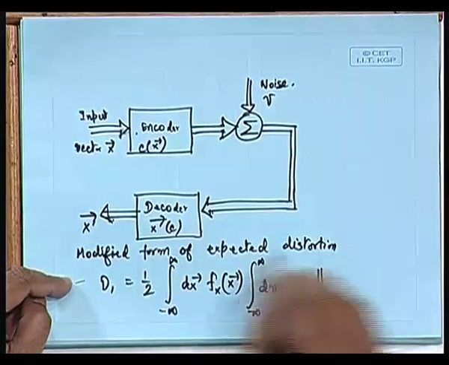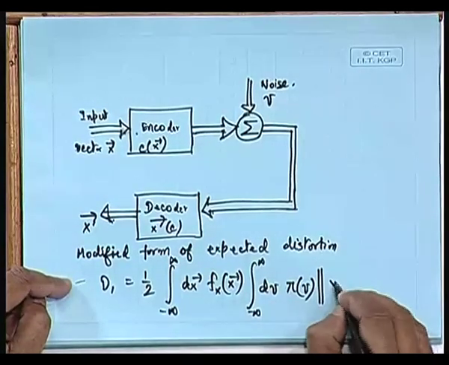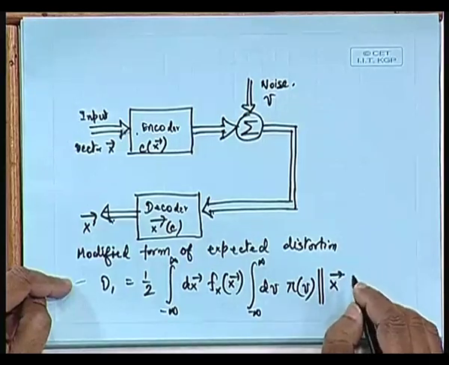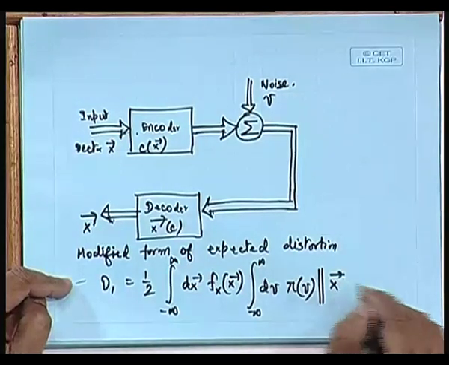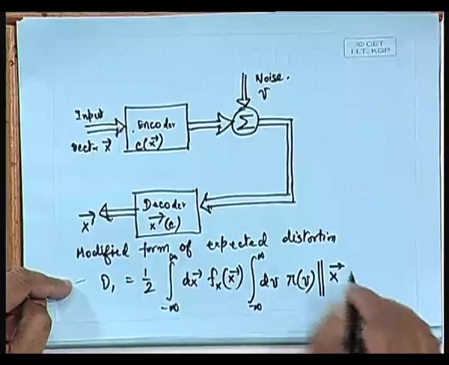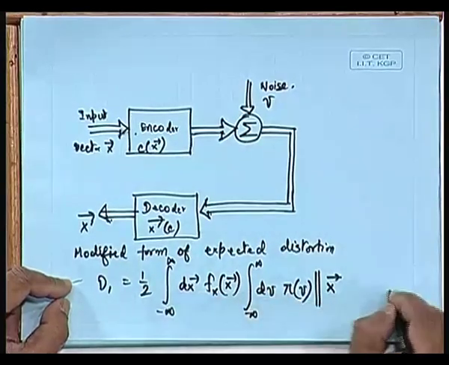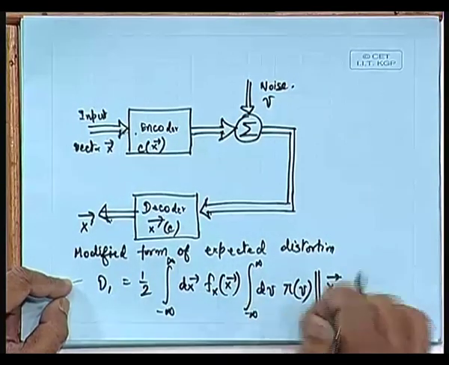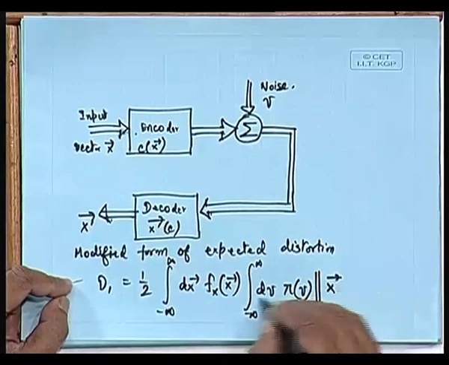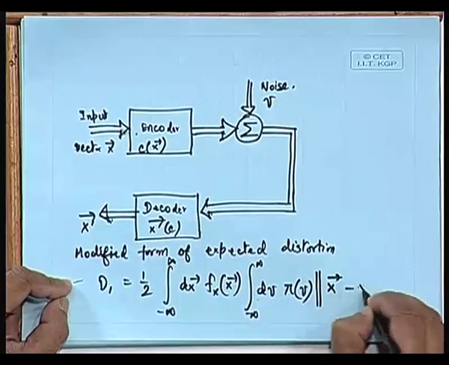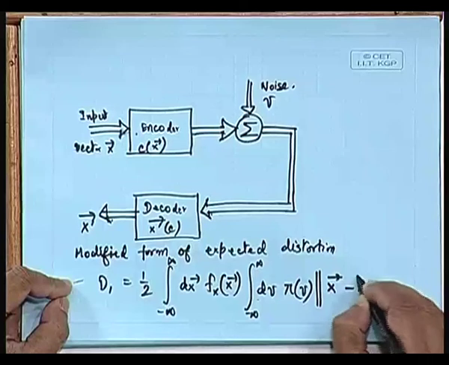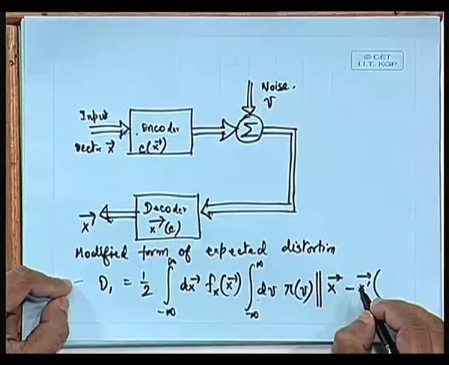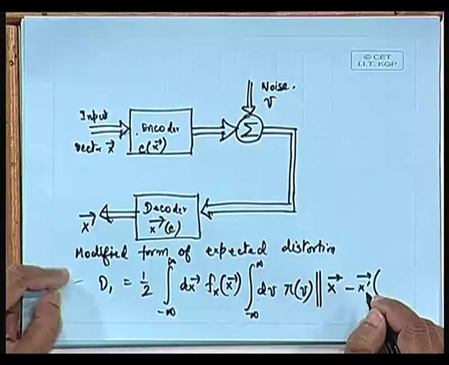This whole thing will be the distortion measure for x vector. And what is that integral expression? It is x minus x prime, where the argument of x prime is not just Cx now but Cx plus nu.